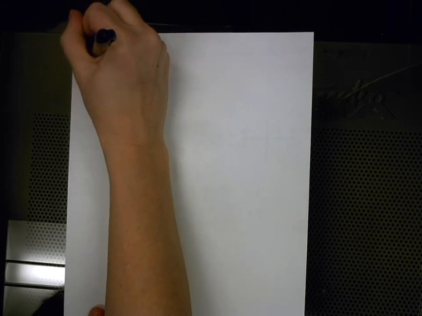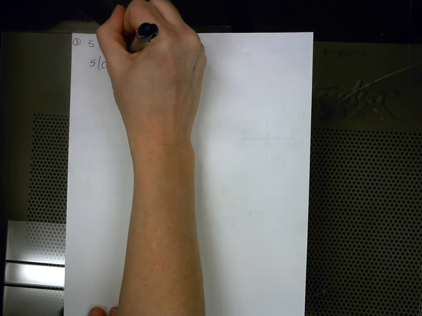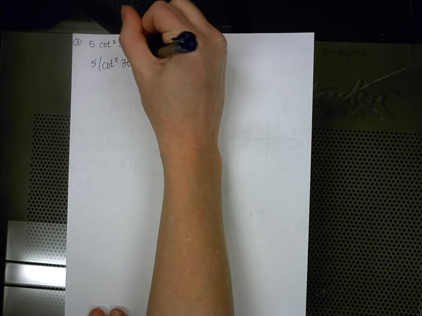So, let's see, we have 5 cotangent squared of 3 theta minus 15. Right away I noticed that I have a 5 and a 15, so I'm going to factor out that 5. I also noticed that I have cotangent squared, but I have no cotangent term.